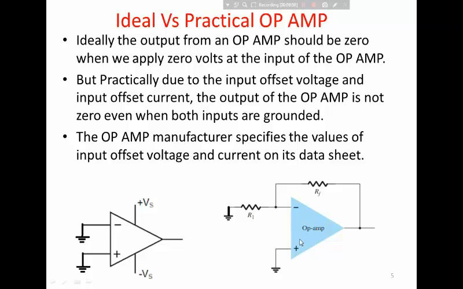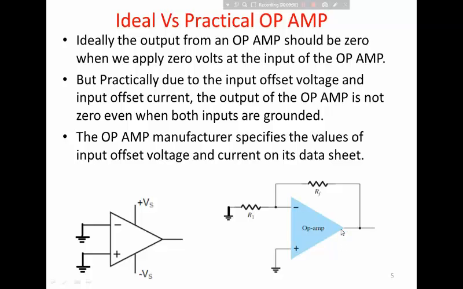But in a practical op-amp, due to its non-ideal characteristics of the offsets which are built in within the op-amp, the output of the op-amp would be non-zero, and there would be some finite output even with input 0.